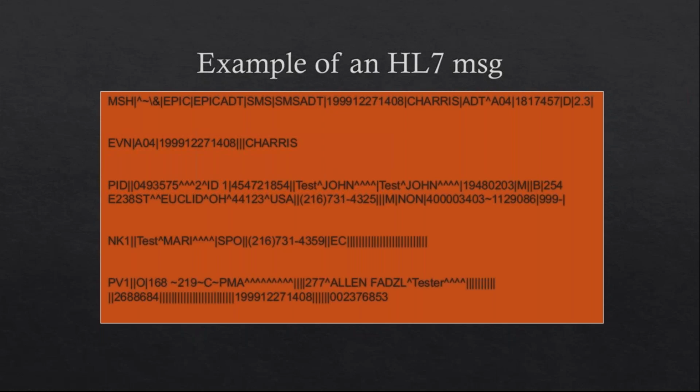And whenever we want to communicate, we do it in a very similar manner, such as PID 10, PID 13, or if you're talking about some other field like PV1, we'll say PV1 3, PV1 2, and so on. That is how we'll be navigating through an HL7 message.